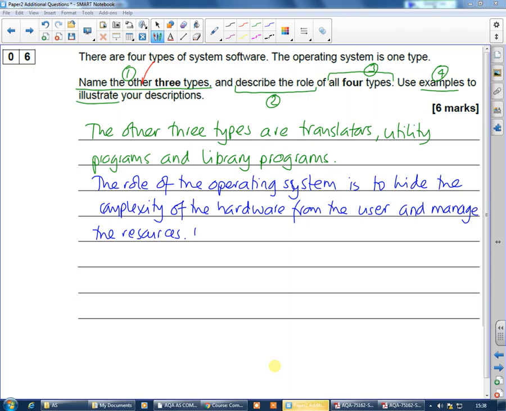And then, so I'm going to say, for example, I need to give one example.